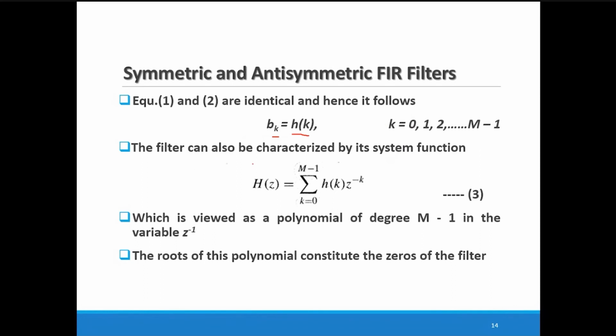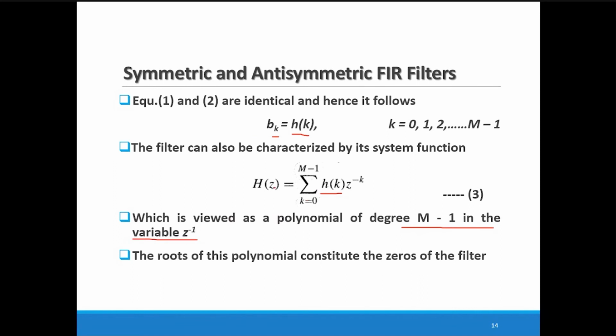The filter can also be characterized by its system function. Whatever filter is given, if you represent it in the z domain, it can be represented as H of z, the summation from k equal to 0 to M minus 1 of h of k, the filter coefficients, times z raised to minus k, which is viewed as a polynomial of degree M minus 1 in the variable z inverse.